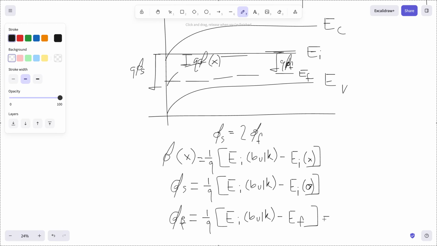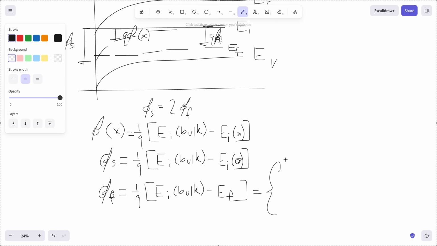Which we can further rewrite using some expressions that we already know as kT over q natural log of p over n sub i, which is for p-type.